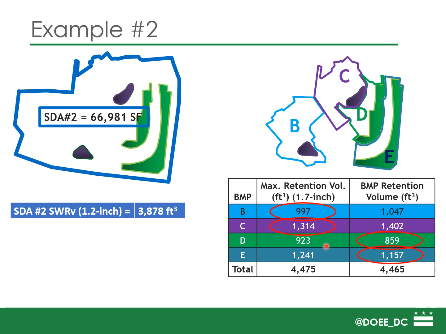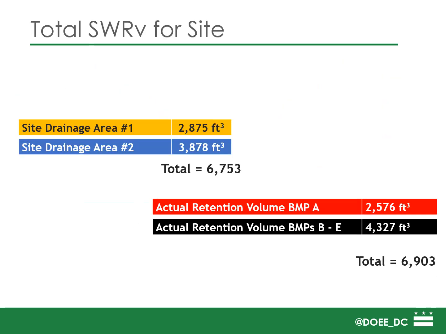To find the total retention that's achieved by these 4 BMPs for this site drainage area 2, we look at the sum of everything in these red ovals here. So adding up these four numbers in the red ovals, we get a retention value of 4,327 cubic feet. So that is the retention achieved in this site drainage area 2, which is greater than the SWRv that we were trying to achieve.